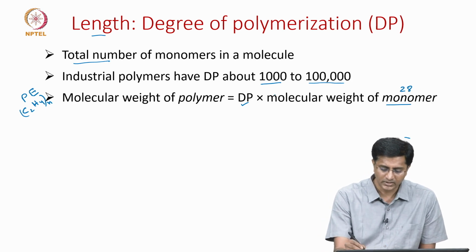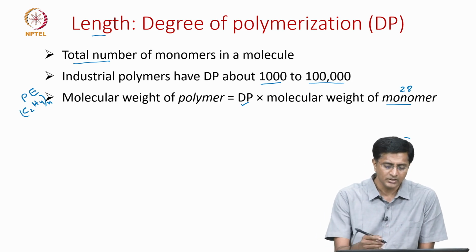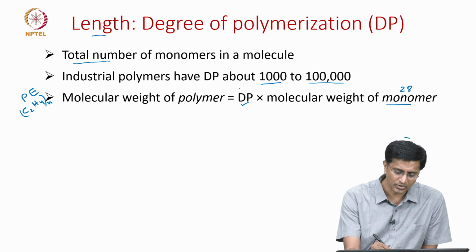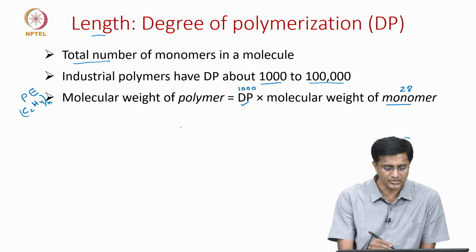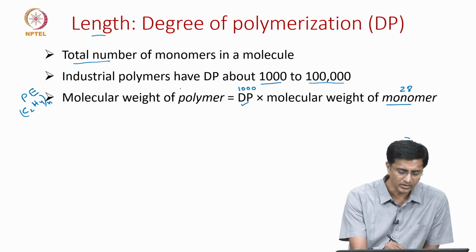So, dP times 28 will give you the molecular weight of the polymer. Let us say for example this dP is around 1000. So, the molecular weight of this polyethylene with a degree of polymerization of 1000 will be 28,000.